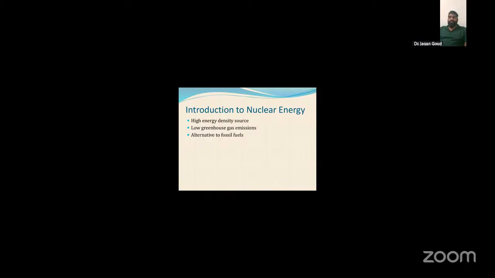What are the environmental benefits? It helps reduce global warming, supports climate change mitigation, and provides baseload power without carbon emissions. The third one is the alternative to fossil fuels. What are fossil fuels? There is a need for alternatives.